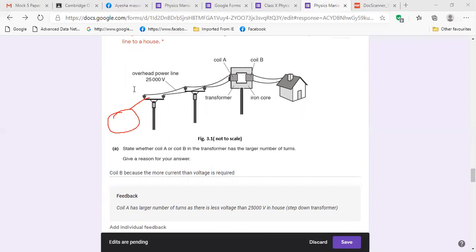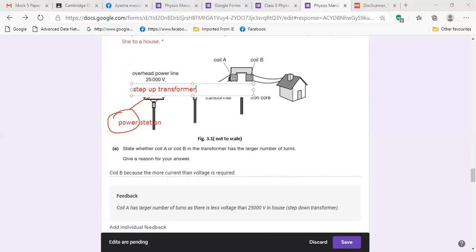We need more voltage in the grid lines. Then after the grid lines, you are going to the house with less voltage again. Before the grid line, in the power station, low voltage.